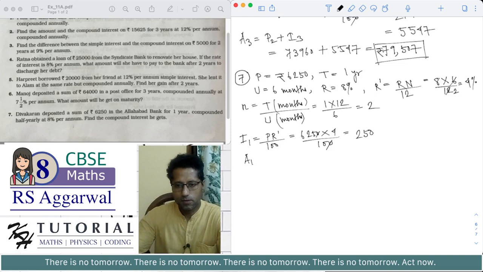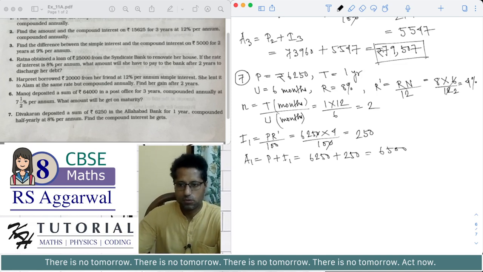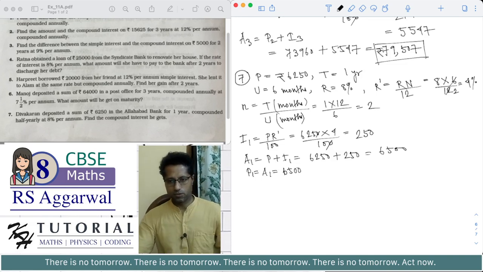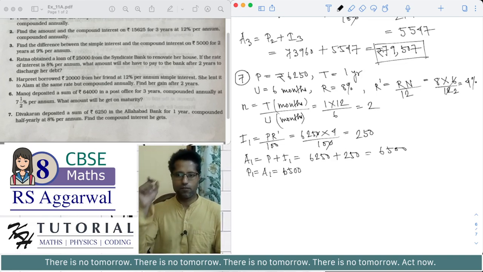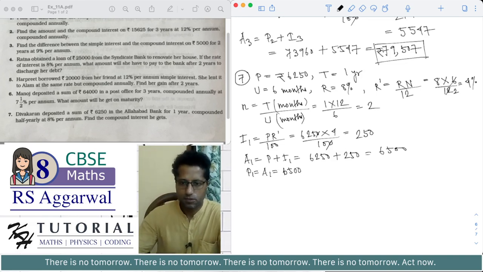Amount A1 is equal to P plus I1, which is 6250 plus 250, equal to 6500. So P1 will be equal to A1 will be equal to 6500. So this is the calculation of interest amount and the next principal at the end of first unit of time or after 6 months.